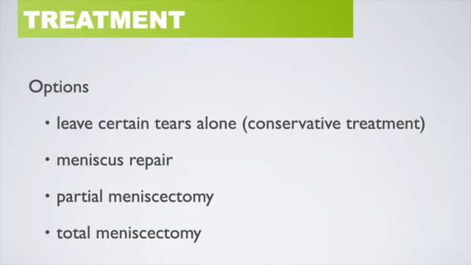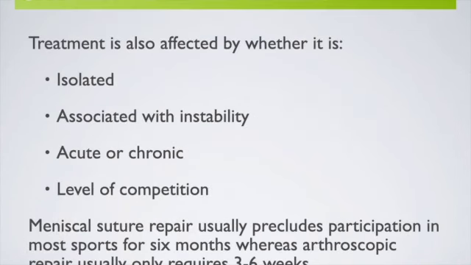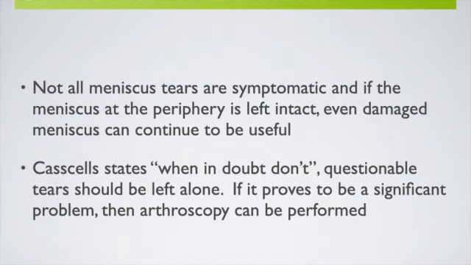Partial meniscectomy removes the damaged part but leaves the rest, and in severe cases, total meniscectomy. It depends on the age of the person, what they're involved in, whether it's acute or chronic, whether there's other kinds of instability. That's what surgeons will base their decisions on.